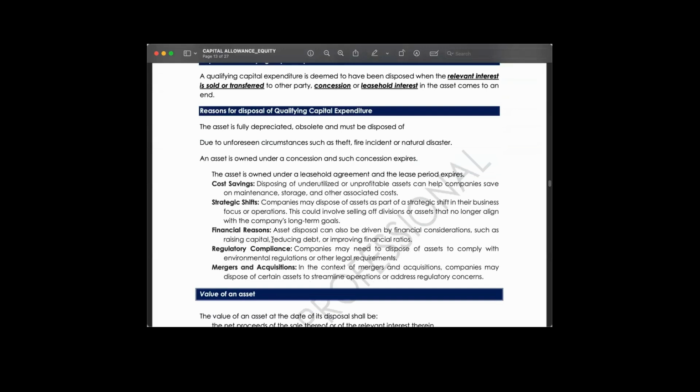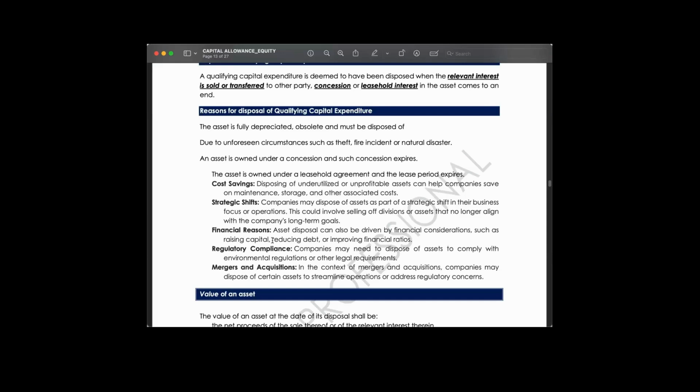Let's say, for example, you have projected that you're going to be producing 20,000 per day. But because of the way things are, you are not able to produce 20,000. You are only producing 5,000. That means the capacity of your asset is too much, and the cost of maintaining it is much. So you can decide to dispose it because you can no longer cope with the cost of maintenance.